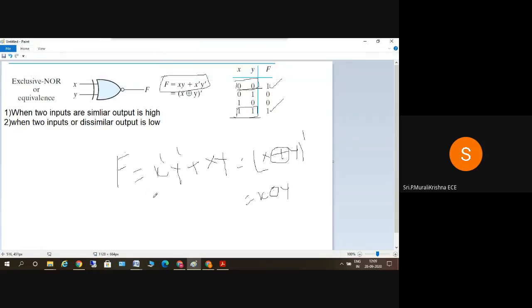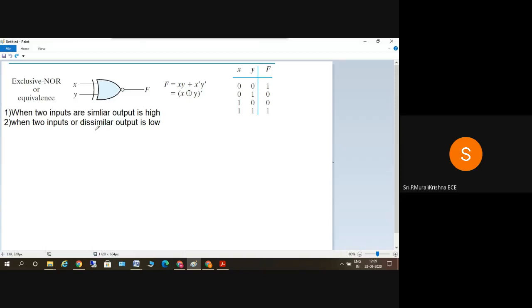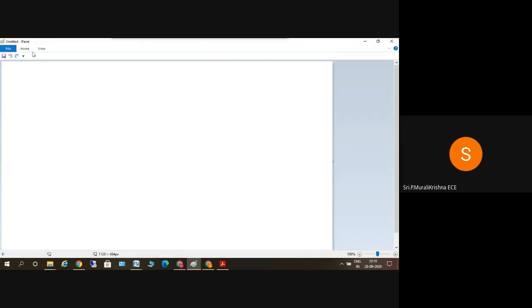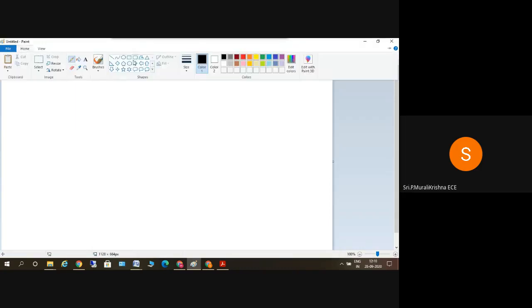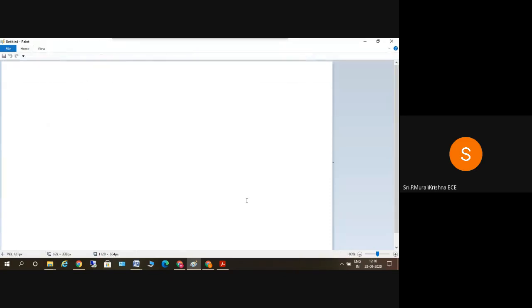Okay. Next we'll see the XOR gate. I'll draw the truth table first. Inputs are x, y, and f.